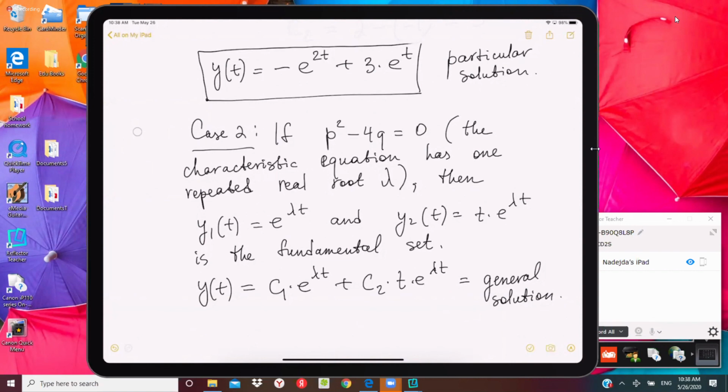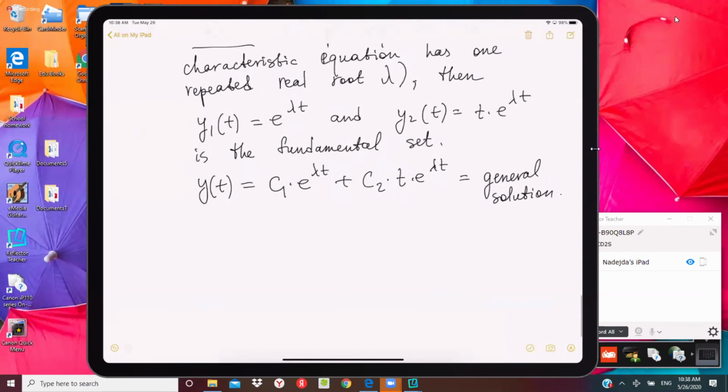Yeah, let's try this one. So example. All right, here is the differential equation and the corresponding initial conditions.